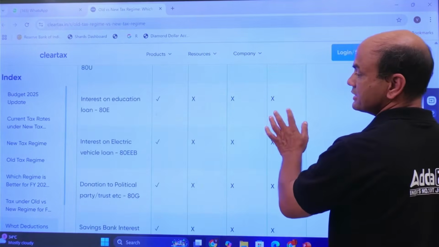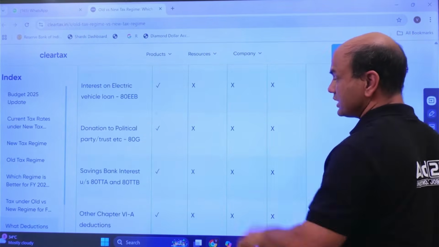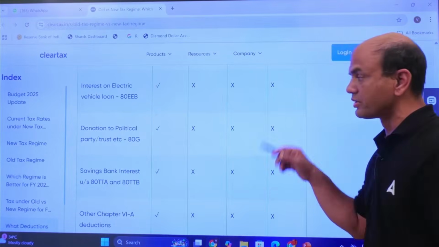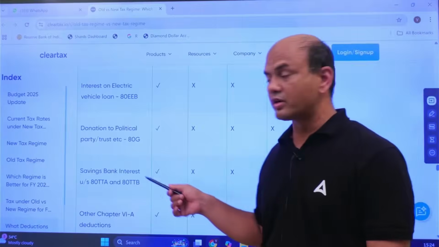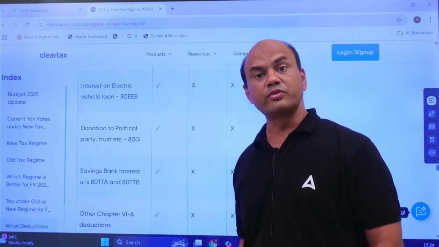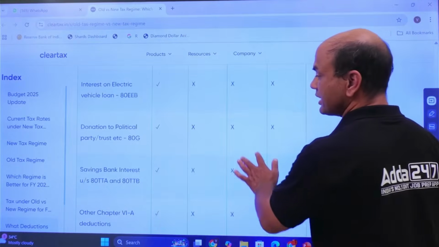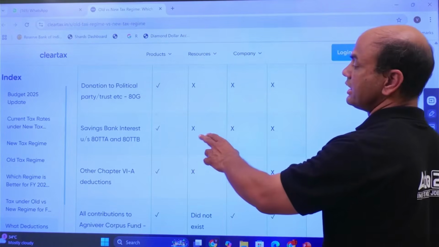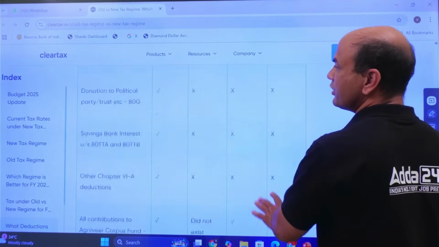Education loan interest not there. Electric vehicle not there. Donation to political parties removed. 80G, this was fully exempt. Do you know, earlier if you donated to a political party, the full amount was exempted. That is also removed. Savings bank interest under 80TTA and 80TTB is now not there for you. So that is removed.